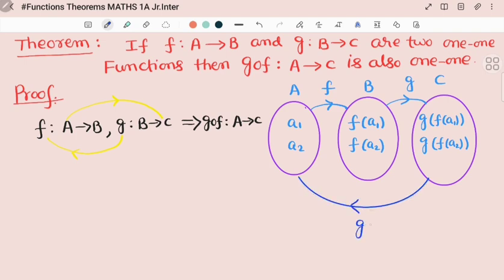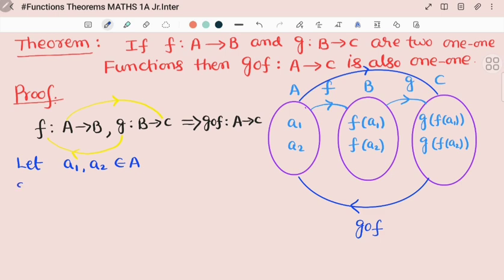This is g circle f, defined from A to C. So the figure is over: f from A to B and g from B to C implies g circle f is defined from A to C. Let us consider the elements we wrote here. Let a1, comma a2 belong to A. f is 1-1, g is 1-1, they are saying, no?